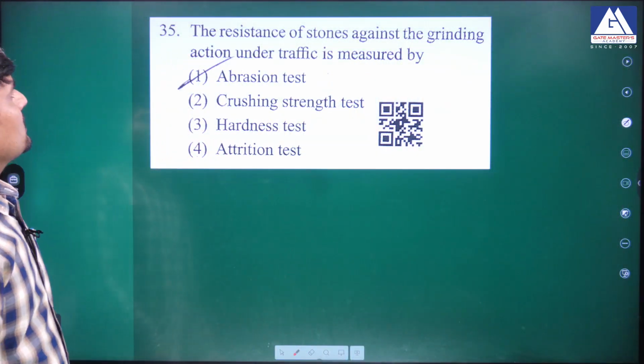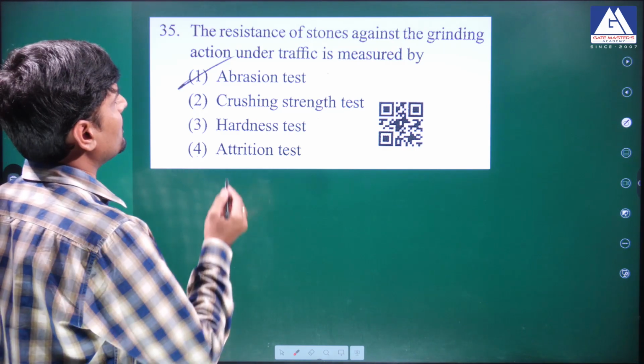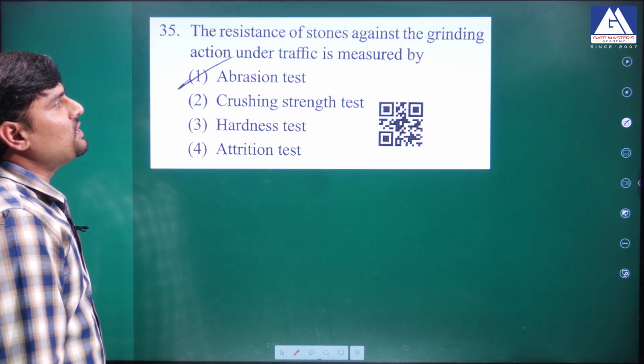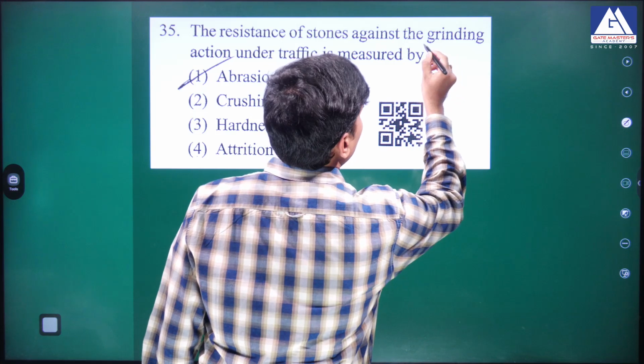The next question: the resistance of stones against grinding action under traffic is measured by. See, there is a term called grinding.